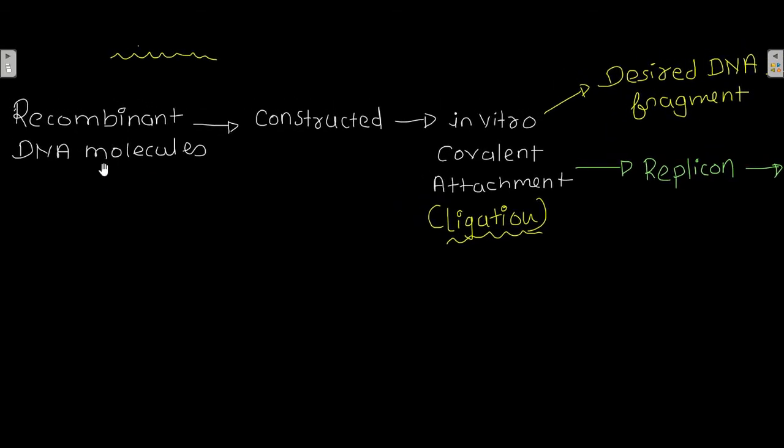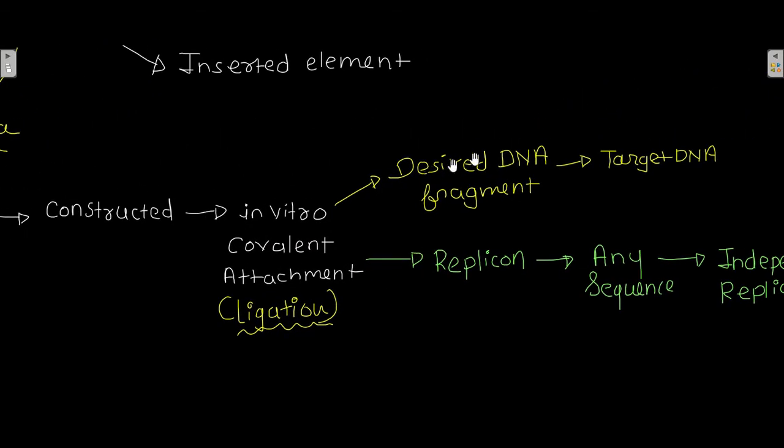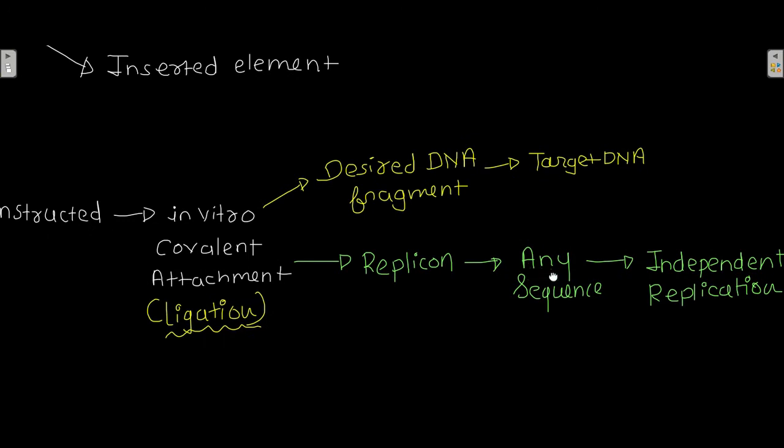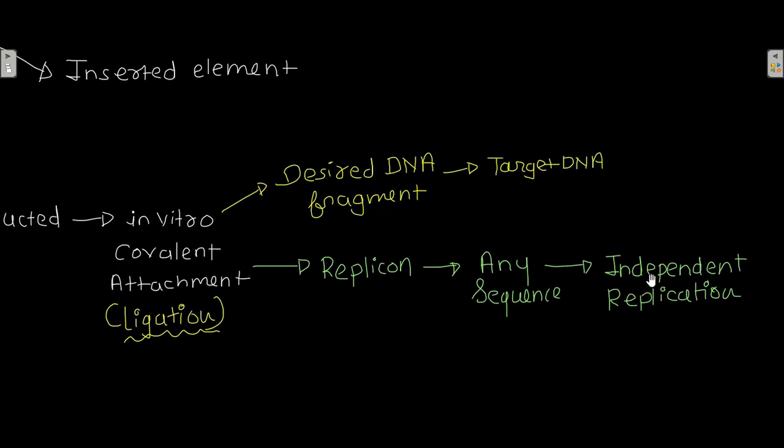These recombinant DNA molecules are constructed by in vitro covalent attachment, also known as ligation, between the desired DNA fragment, called the target DNA, and a replicon, which is any sequence capable of showing independent replication.